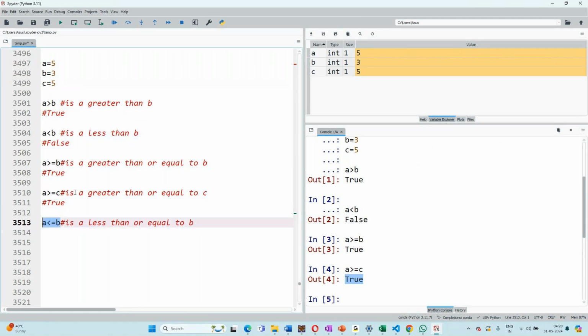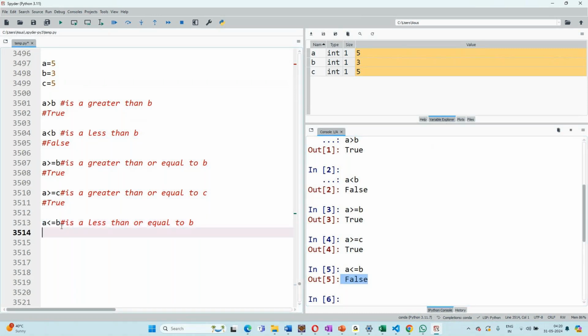It is not lesser, it is not equal. So the point is, is it lesser or equal? In that way you are looking at it.